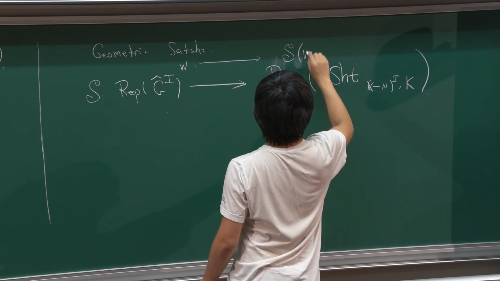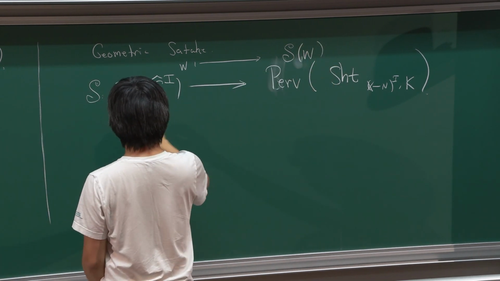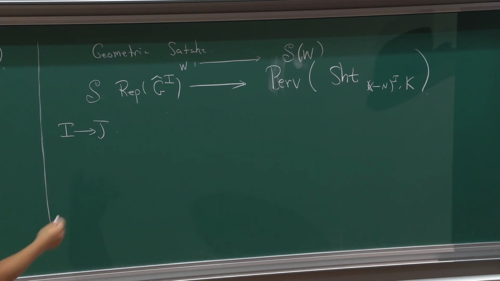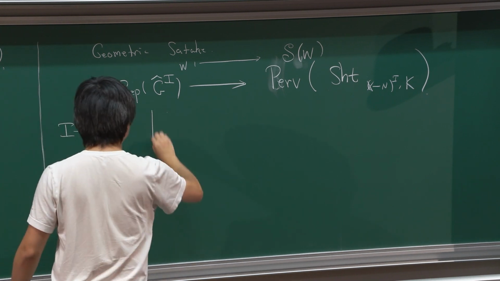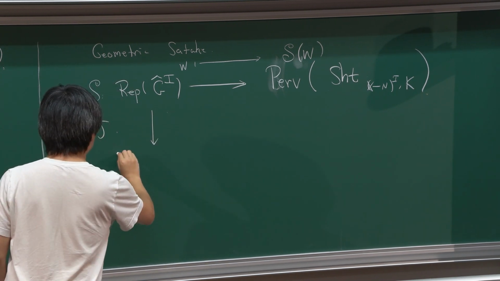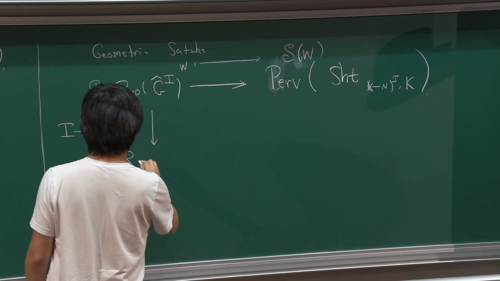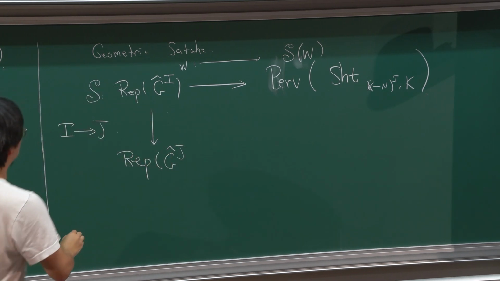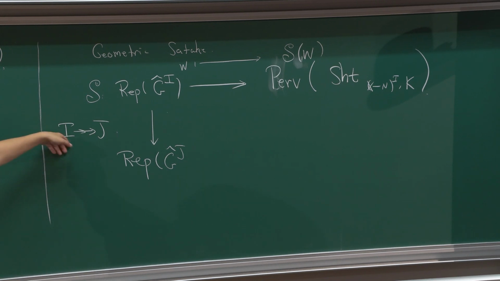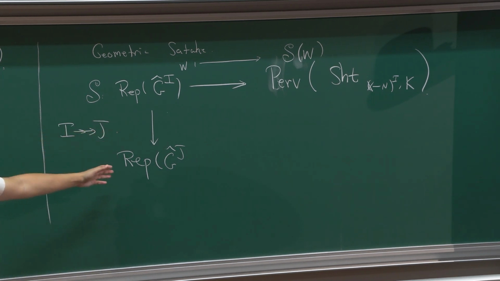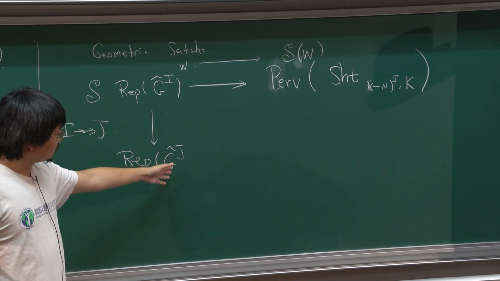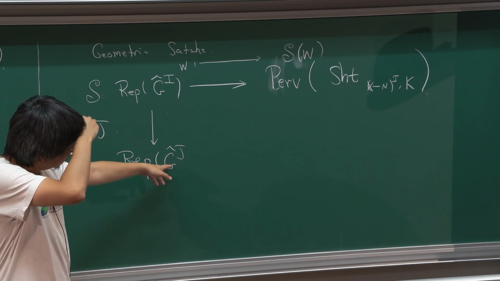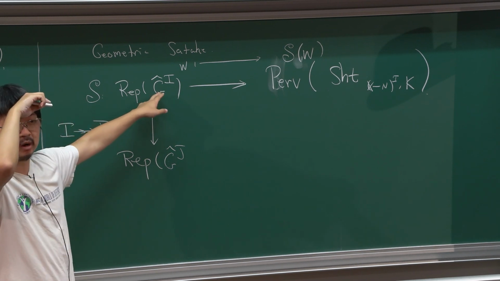It has this property that if you have a map I to J, and I think it's important to record this picture, a surjective map of finite sets I to J, then you have an embedding from the J-th power of G hat to the I-th power of G hat.